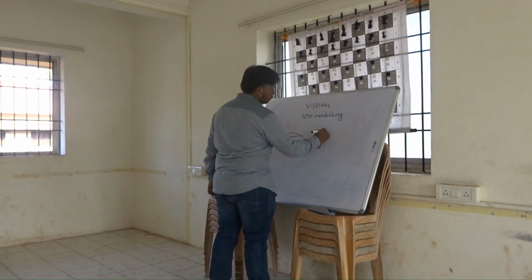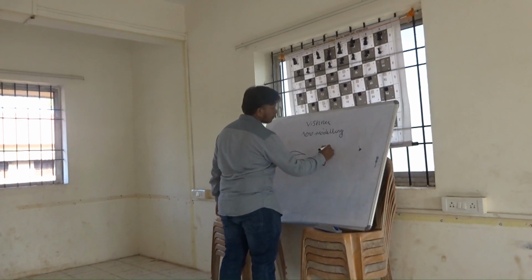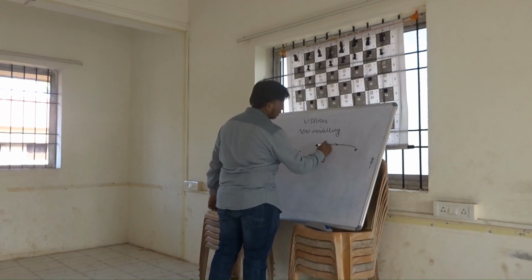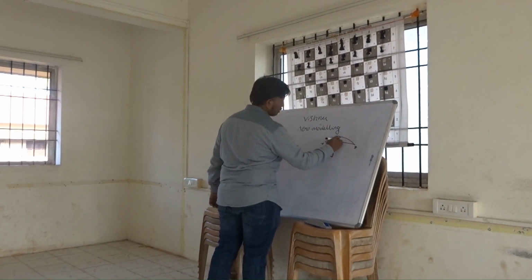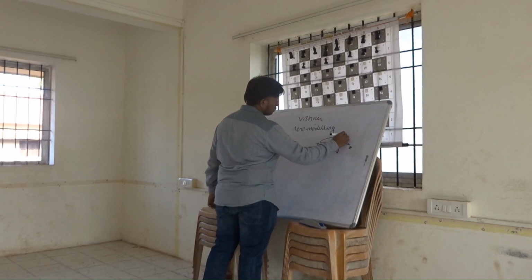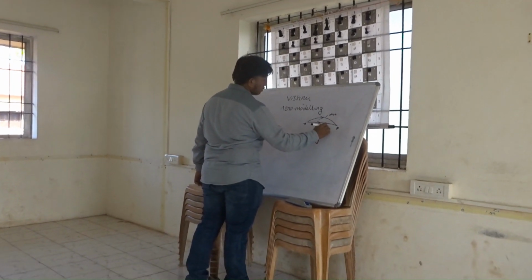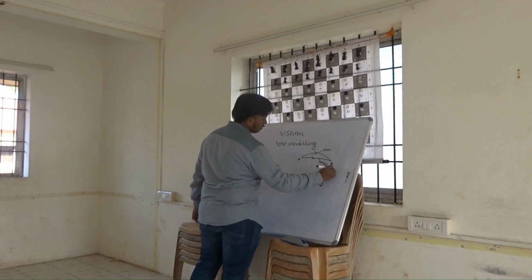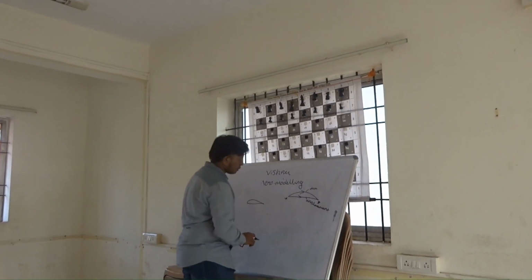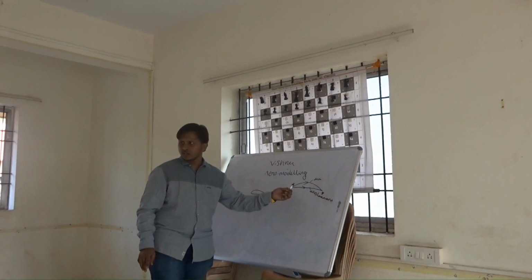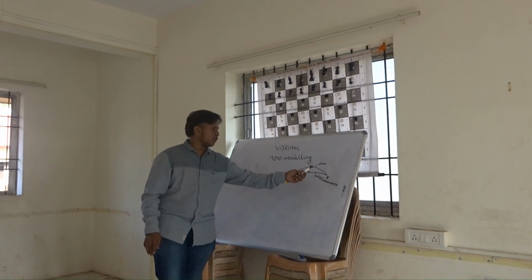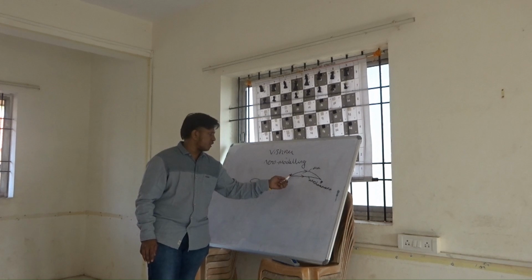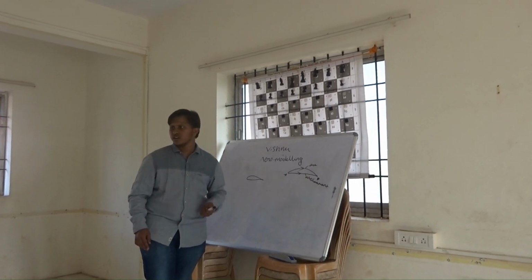Consider the points A and B. The path taken from A to B, any line drawn from A to B, if we measure this, it will give us distance.